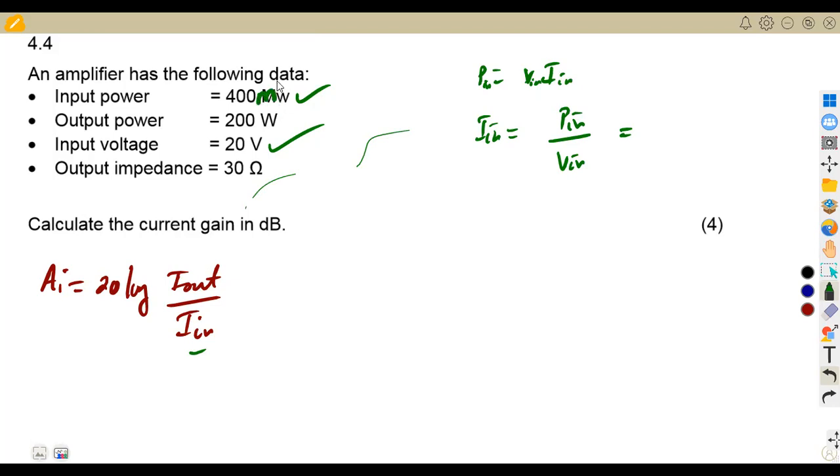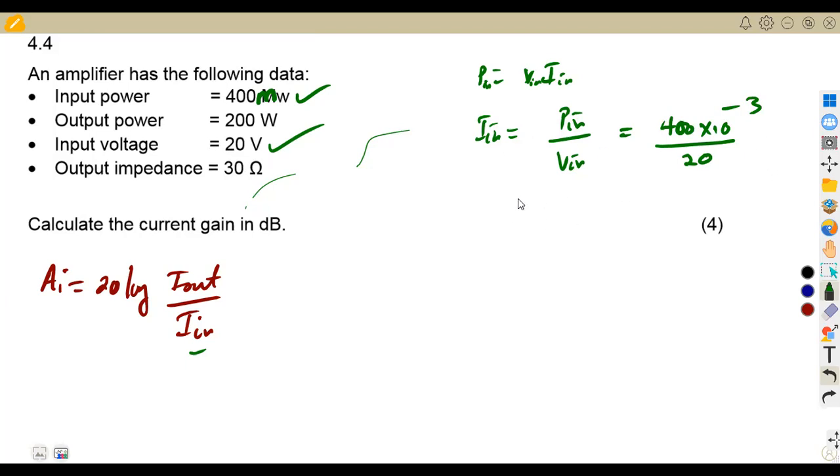So the input power is 400 milliwatts, which is 400 times 10 to the exponent -3, and the input voltage is 20 volts. Just imagine an input of 20 volts with 400 megawatts. It's impossible. It will burn. It cannot exist.